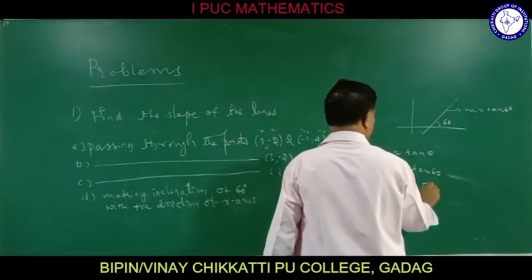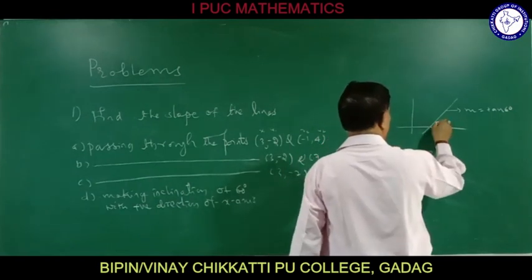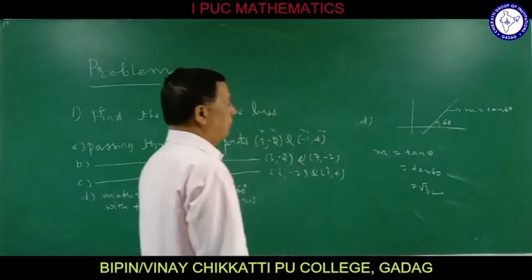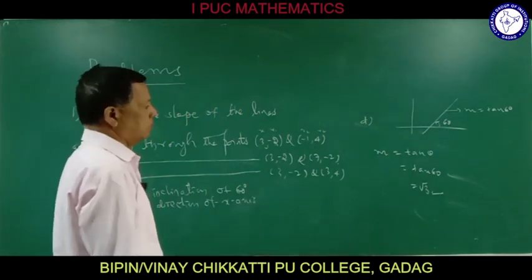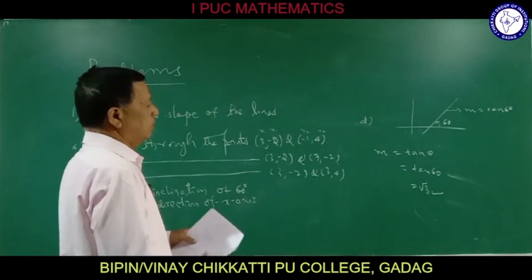Tan 60 is nothing but root 3. The angle of inclination is nothing but the angle made by the line with the positive direction of the x-axis. So m is root 3.